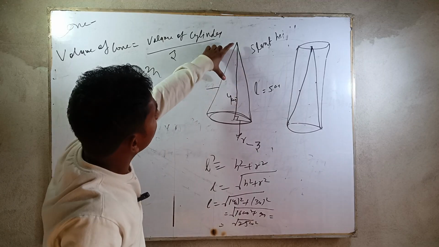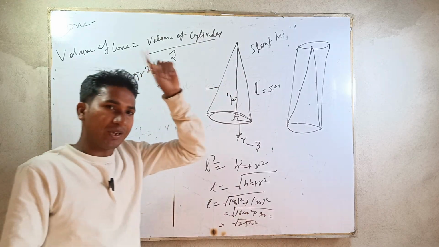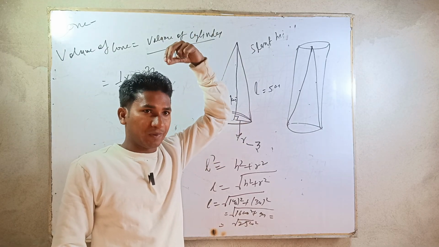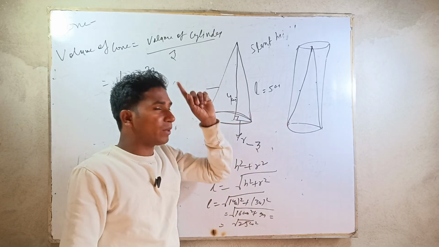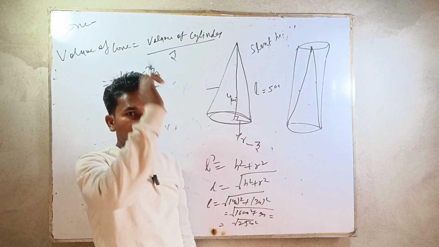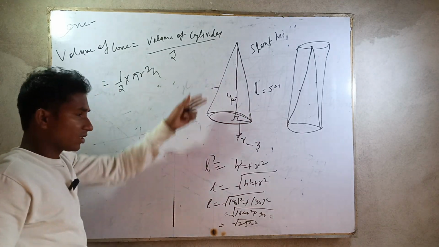Suppose someone says to paint the cone birthday party cap, then you only paint the upper side, not the bottom. So only the upper part is called the lateral surface area, or curved surface area.